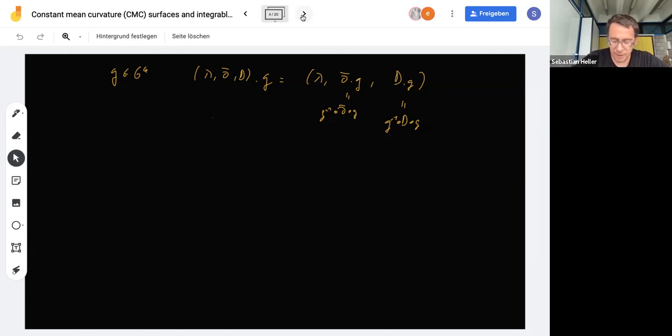And in the case lambda is 1, we just have the ordinary gauge action on the flat connection.